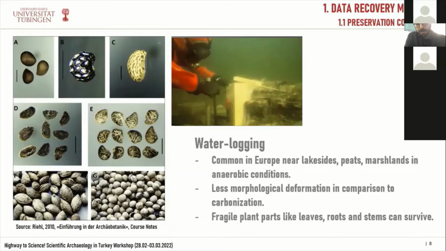But also, more importantly, very fragile plant parts like leaves, roots, tubers, and stems can also survive in this type of preservation condition. In comparison to the information that we can get from carbonization, we can find a more diverse set of plants in waterlogged conditions.